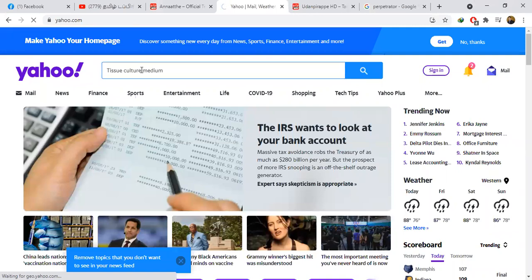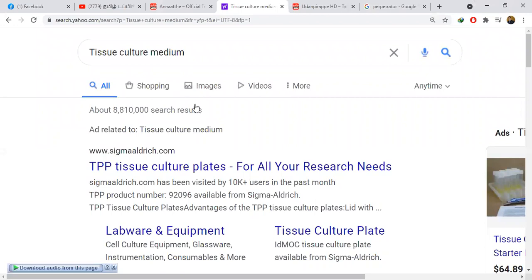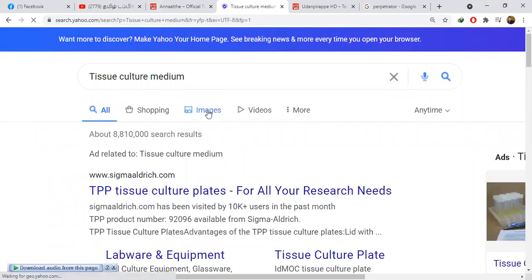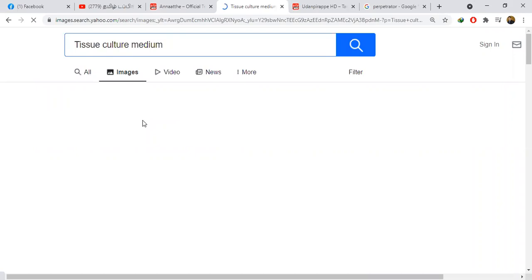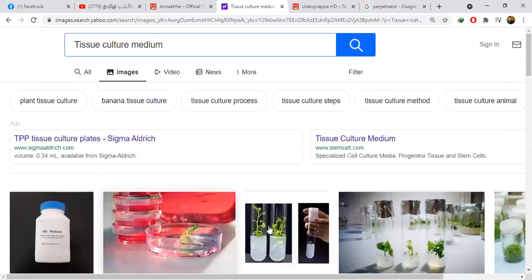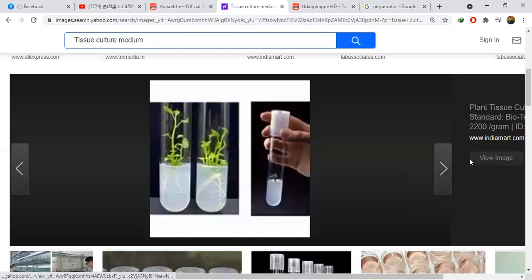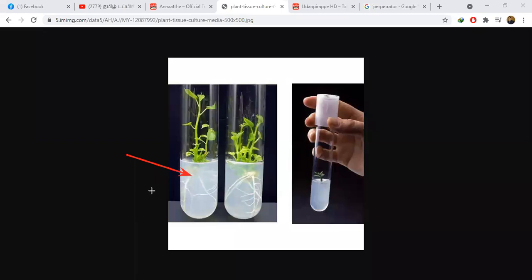It's a jelly-like medium. You can see here, this white color component is the culture medium. You can see the complete plantlet. Kuti plants are called plantlets. Those plantlets have grown in the culture medium.